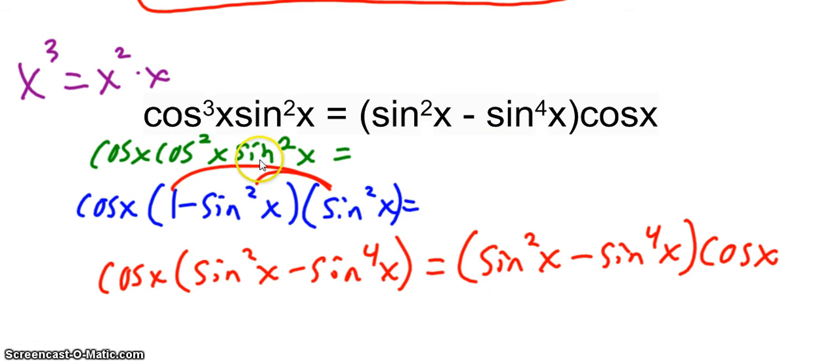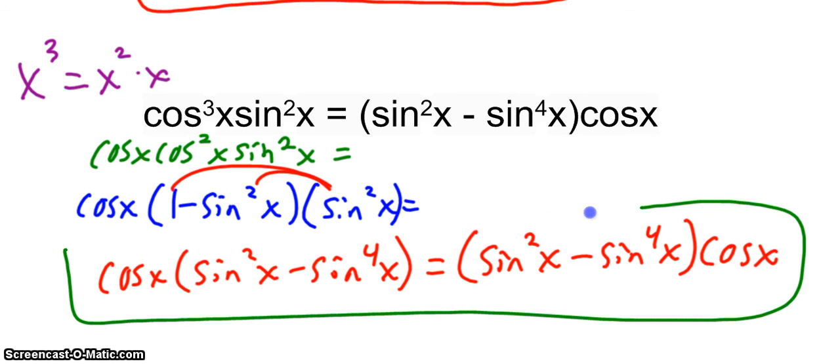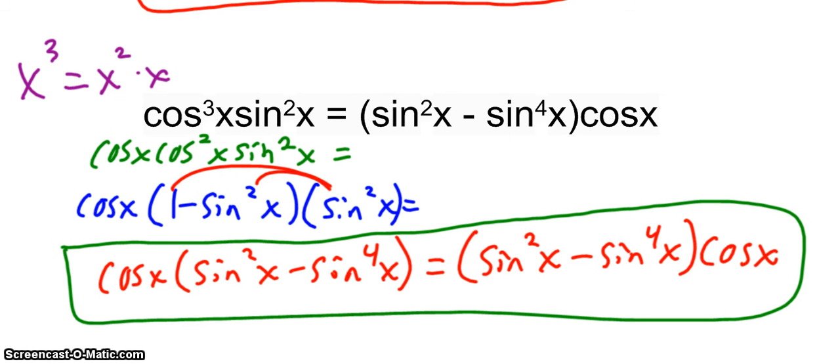So my other option, to create subtraction, is I could have changed sine squared of x into 1 minus cosine squared. But then the subtraction would have the cosines. I want the subtraction to have the sines. So I change the cosine squared into 1 minus sine squared. Now I can distribute, and I get my answer. That's verifying trig identities. That was fun.